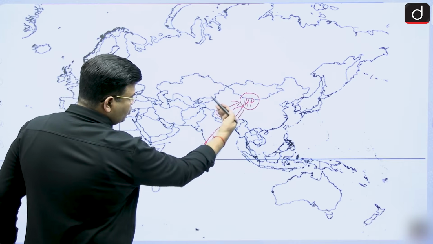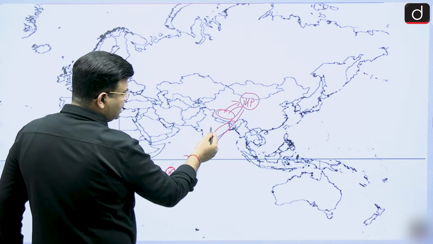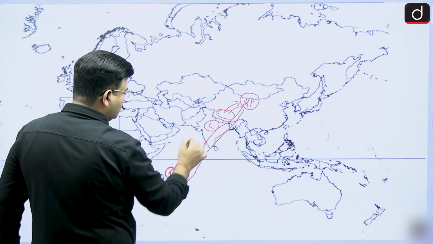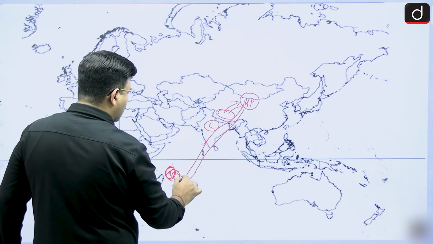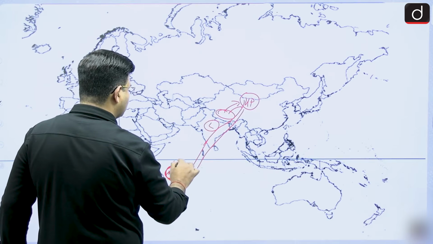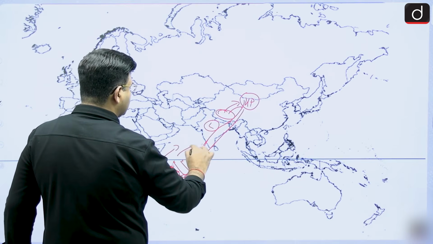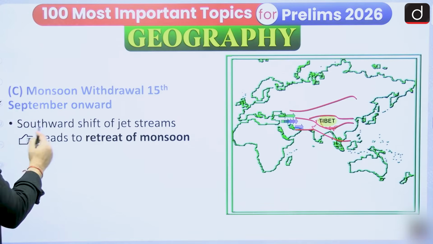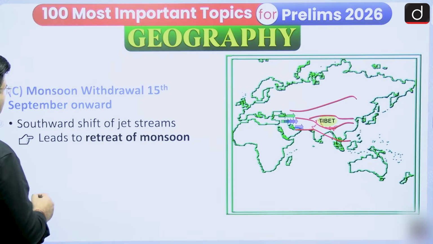And when it is moving above northern India, it also sucks the air from the ground and creates a low pressure. This high pressure further pushes the southeast trade wind as the southwest monsoon, and the monsoon becomes stronger. So now, monsoon withdrawal is on 15th September.